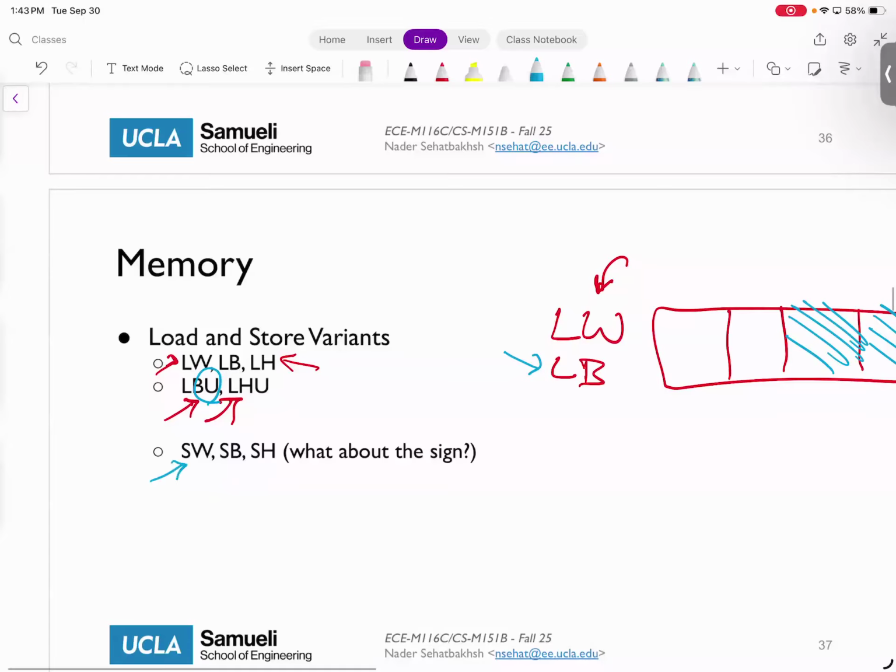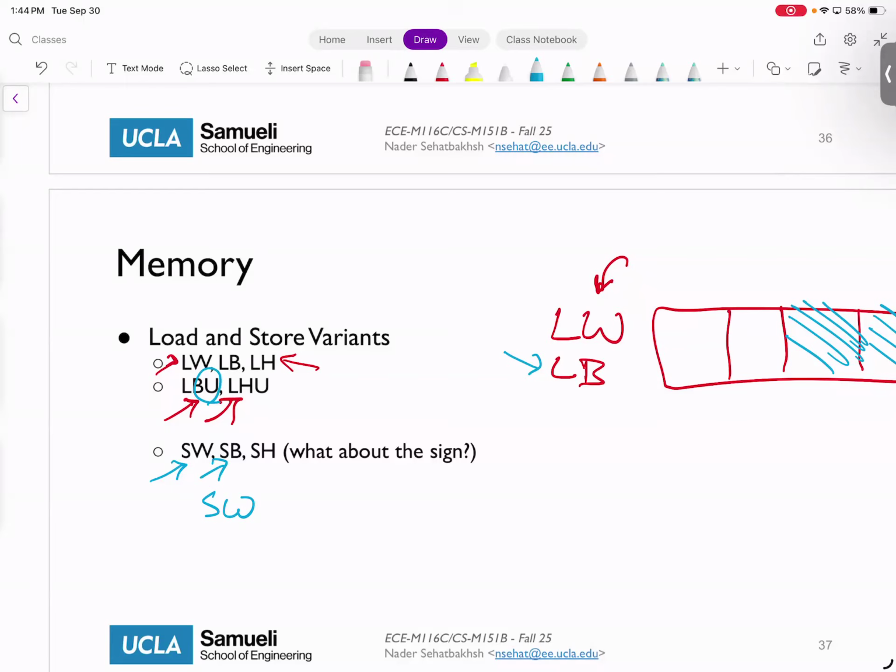On the store, though, store is different. On store, you write to the memory. So you can do store word, which means that I provide a 32-bit value to you, go and write it in bytes 0, 1, 2, and 3. Whether you want to store the lower bytes in the lower address or higher address depends on the endianness, little endian versus big endian. Store byte means that I provide a byte to you, go and write it to that one particular byte.